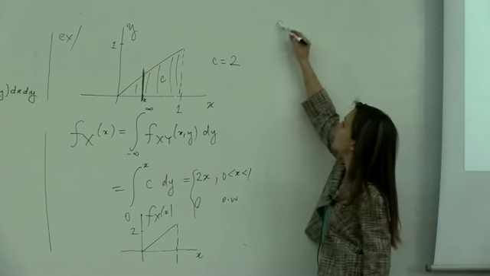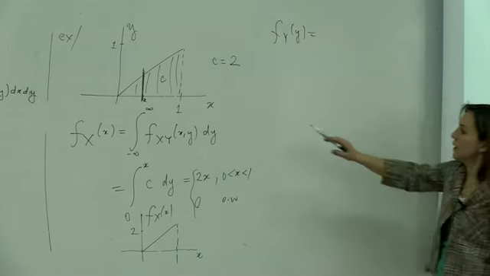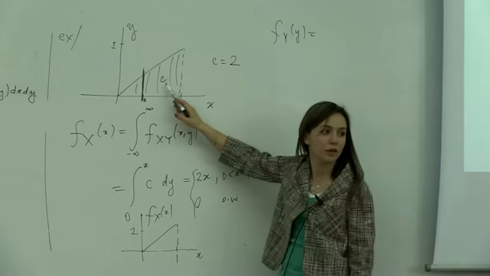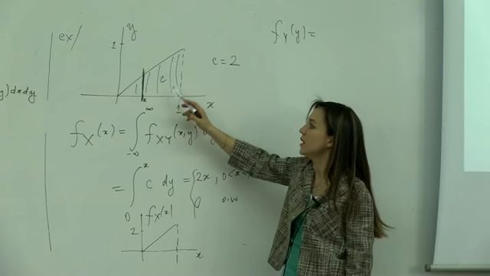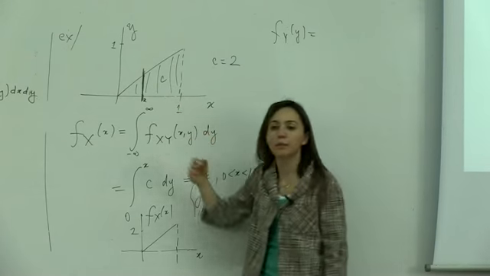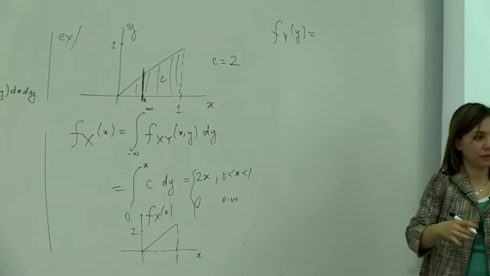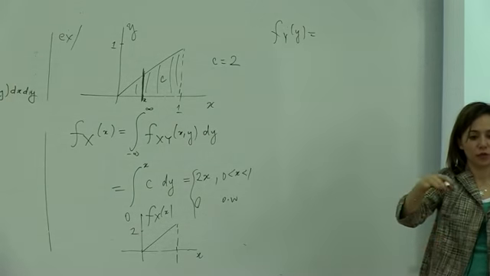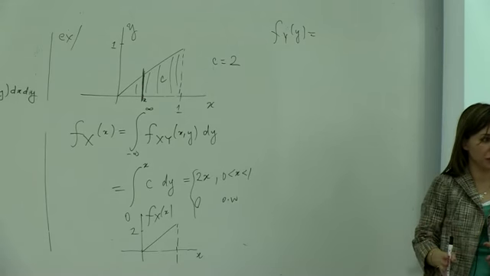Let's find the marginal of y, f_Y of y. What is the area of this triangle? 1/2. But we want the joint PDF to integrate to 1 when we integrate over that region.